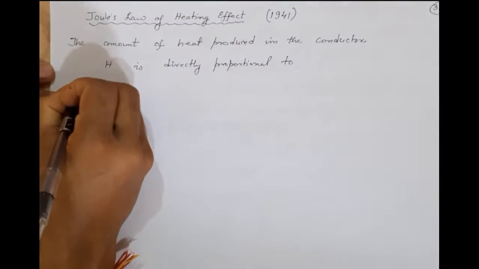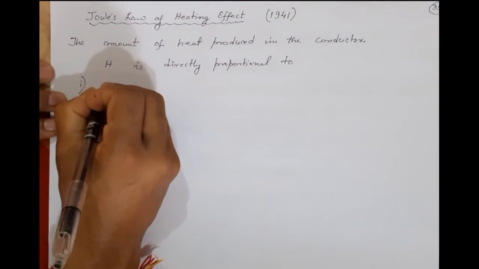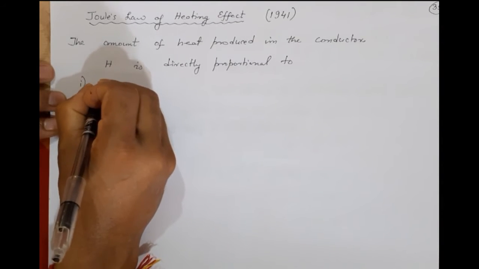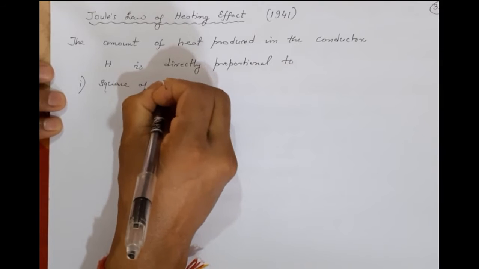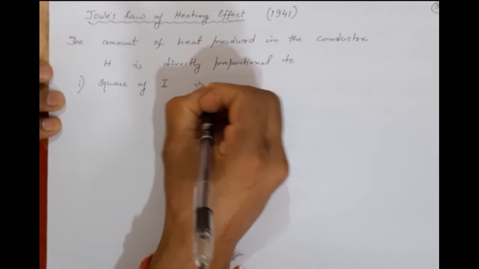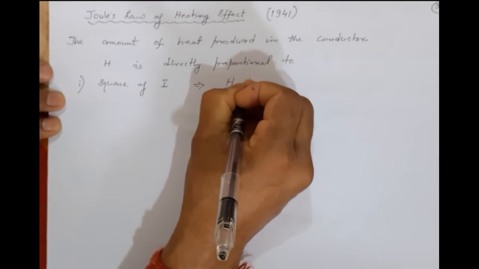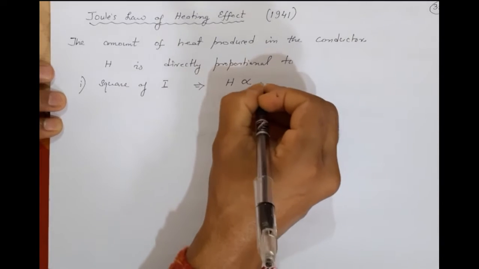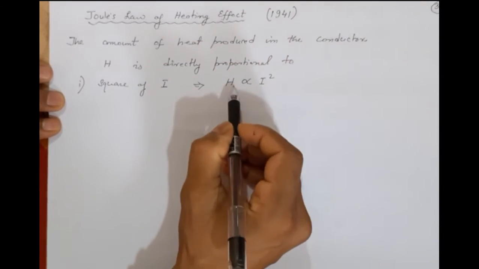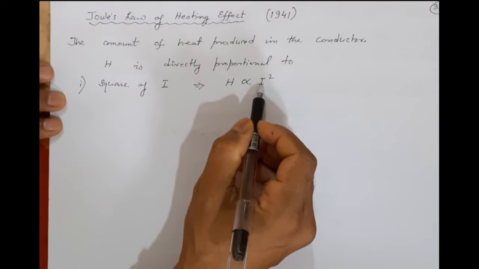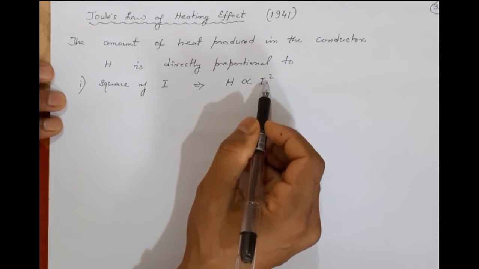What will it depend on? You already know them. It will directly depend on the square of I. How to write? H is directly proportional to I squared. Heat generated will be more as the square of the current increases.